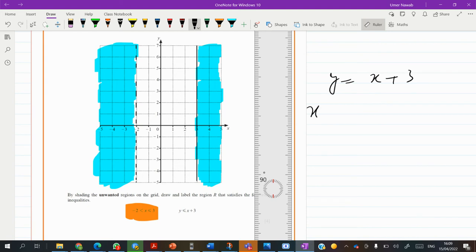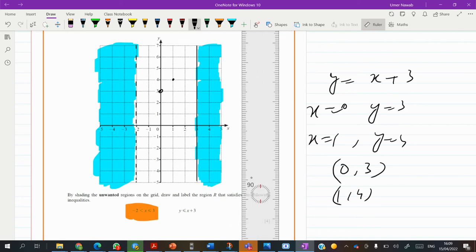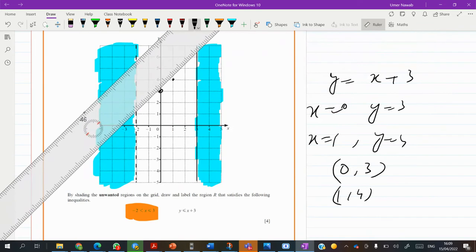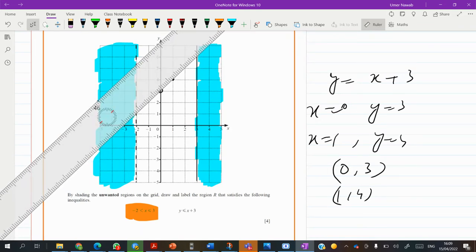x plus 3. So if x is equal to 0, y is equal to 3, and if x is equal to 1, y is equal to 4. (0, 3) and (1, 4). Draw the line. I'm ready to draw the line. So after drawing the line, downward portion is wanted.